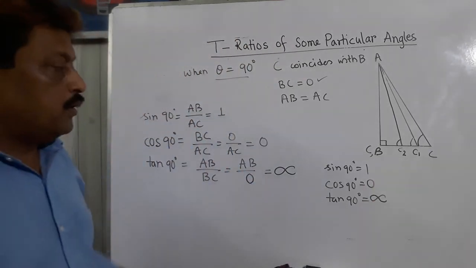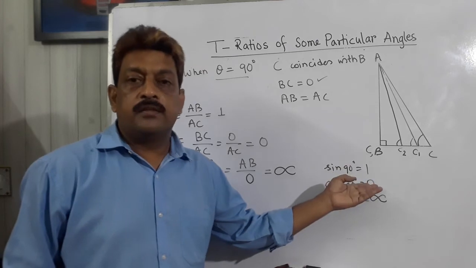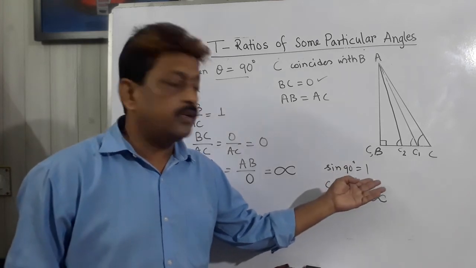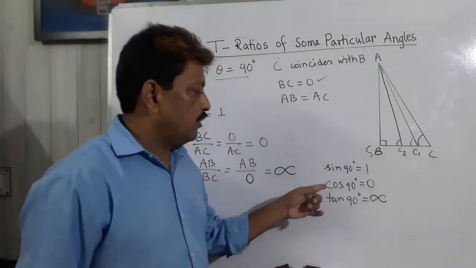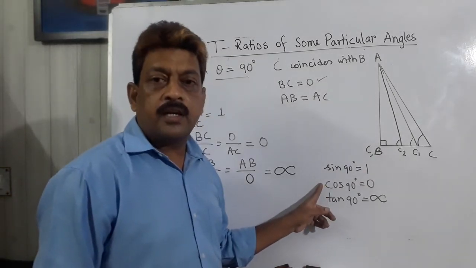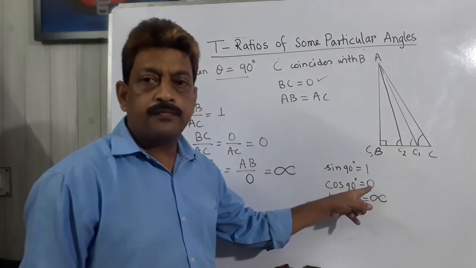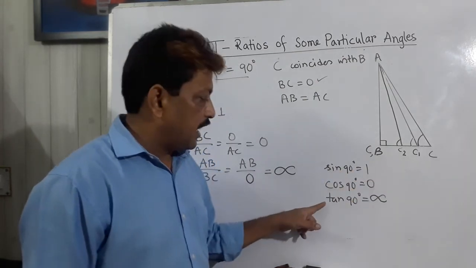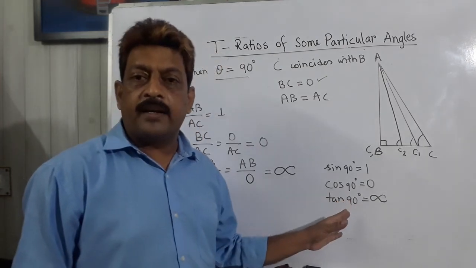Okay. So we can find the reciprocals also, that is cosec 90. If sin 90 is 1, then cosec 90 is 1 upon 1, that is 1. Reciprocal of sin 90. Sec 90 is the reciprocal of cos 90. So sec 90 will be 1 upon 0, that is undefined. And cot 90 is the reciprocal of tan 90.